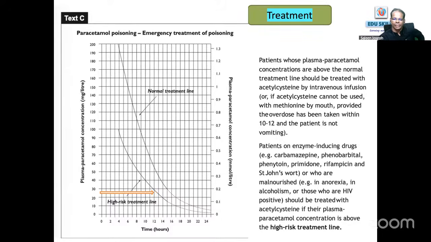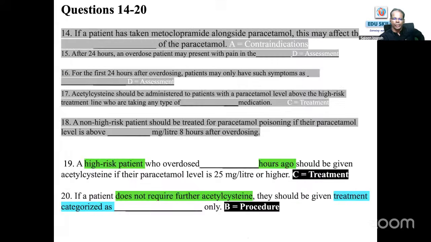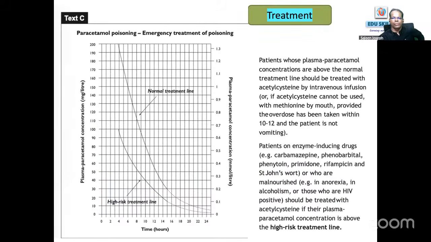You want to see that question again? I did not bring it here. A high-risk patient who overdosed dash hours ago should be given treatment if their paracetamol level is 25 mg per liter or higher. So you have to look at 25 mg per liter on the vertical line of the high-risk patient. Which is the vertical line? This one. You have to identify 25.